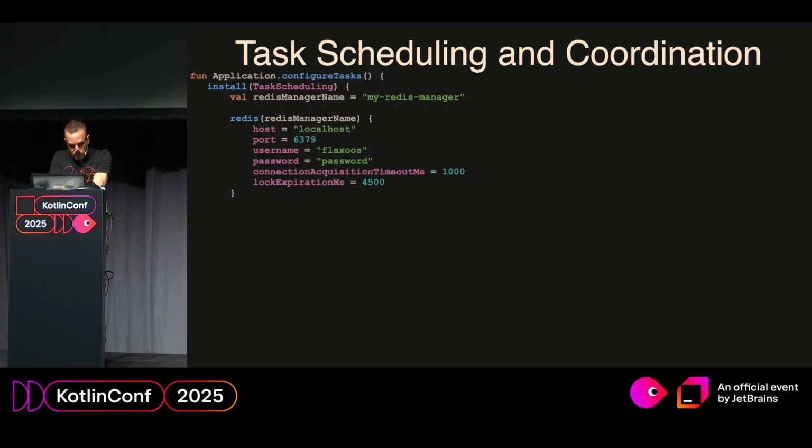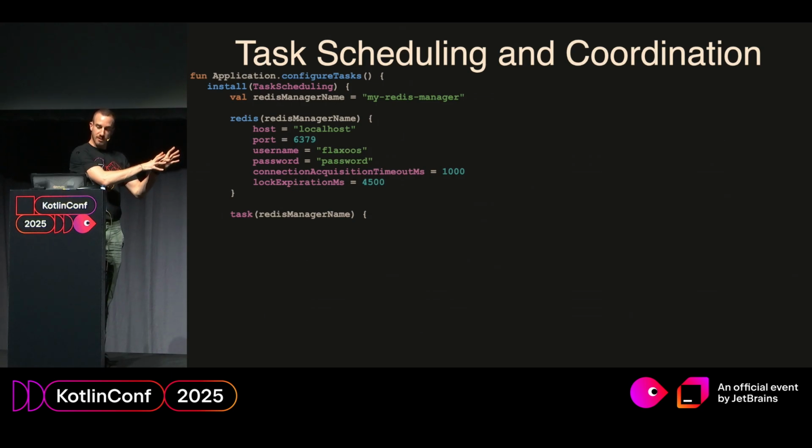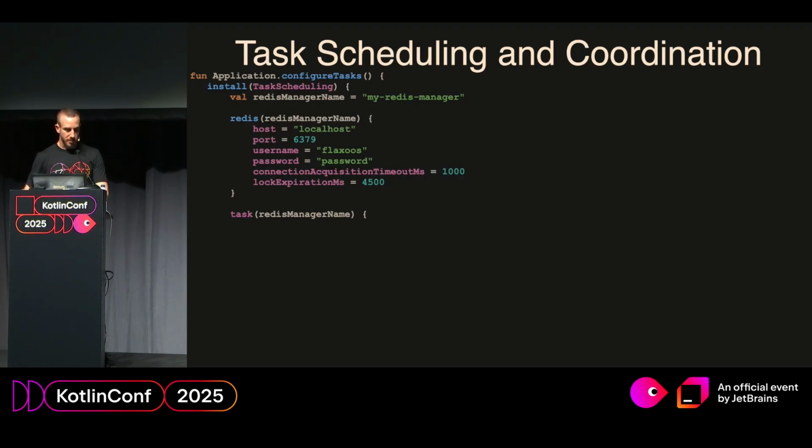And then we define a task. And we say that the task is going to be using that lock manager. We could have more lock managers using different data stores like JDBC or MongoDB. In this case, we're going to use Redis, but we can have different tasks working with different task managers.